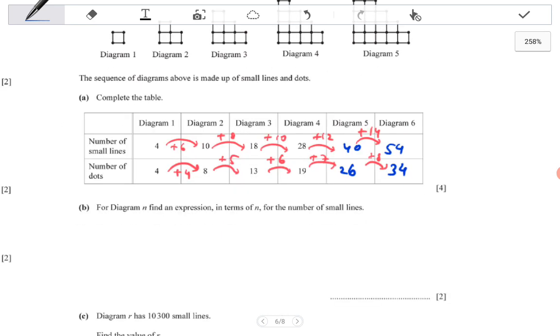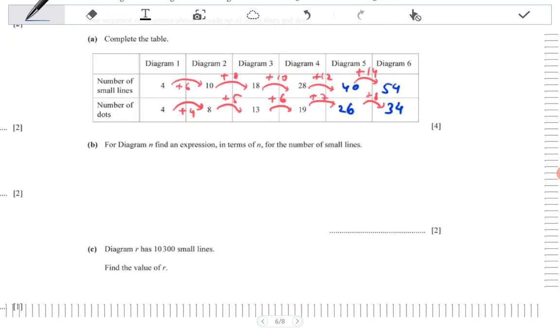So we have already discussed half of this question. For diagram n, find an expression in terms of n for the number of small lines. It means only for this sequence we need a formula, not for the next one, although we can build it, but it's not required.